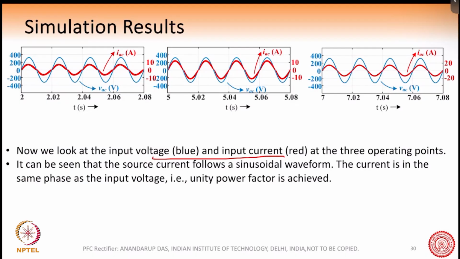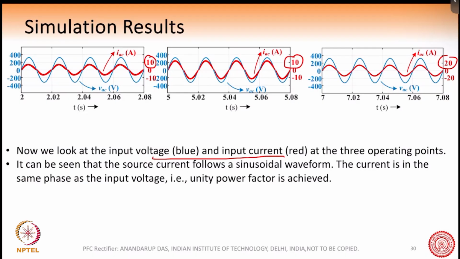But one thing you can observe initially at lower loading, so you can see this is 10, this is 10, and this is 20. At the initial lower power level, the input current has slightly more distortion as compared to the higher loading. This is expected.